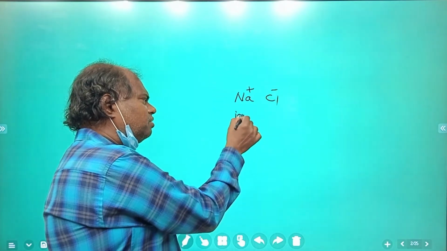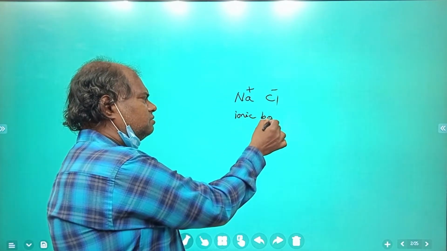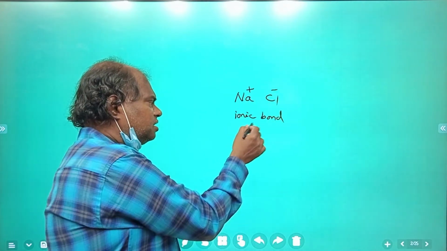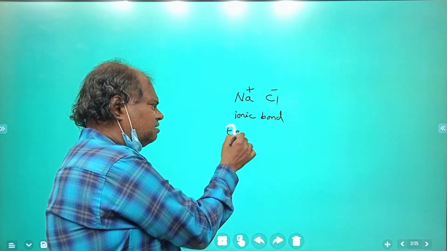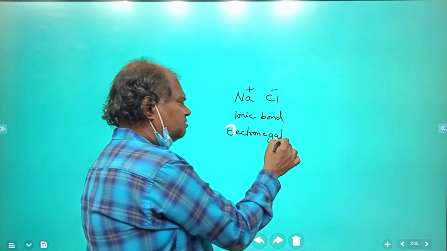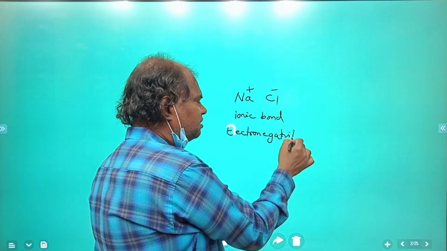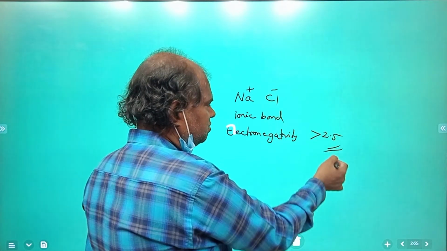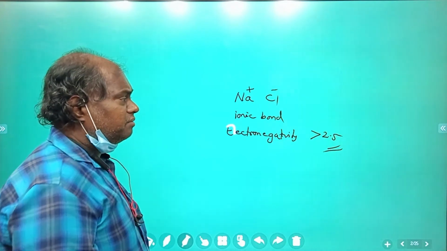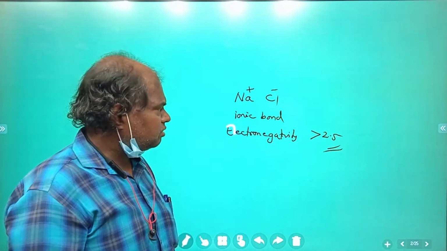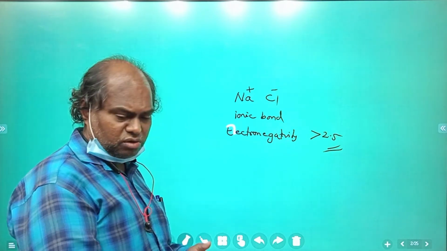So when will you get an ionic bond? Clear? When the difference in electronegativity is very high. Scientists have calculated this, if it is greater than 2.5, then you will end up with an ionic bond. It's very, very high, then you will get complete transfer. Okay, fine.